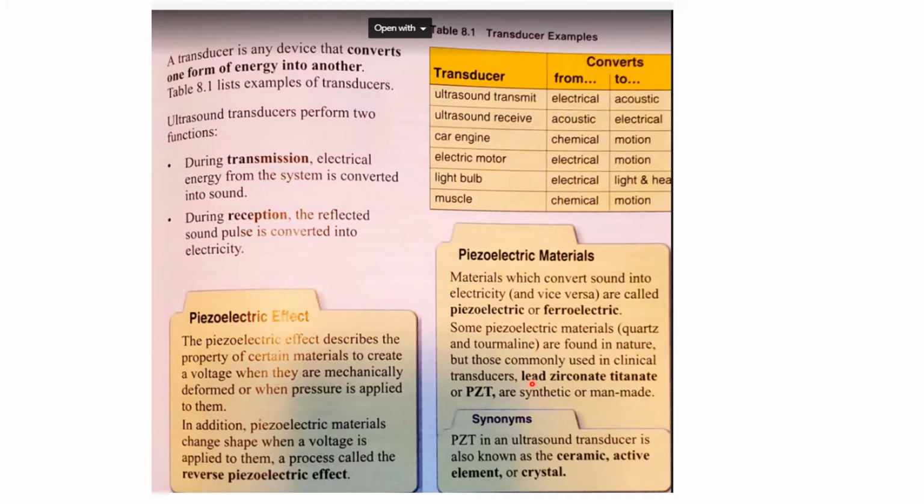Since lead's abbreviation is Pb, it's summarized as PZT. These are synthetic or man-made materials, largely considered ceramics. PZT is an ultrasound transducer element, also known as ceramic, the active element, or a crystal.